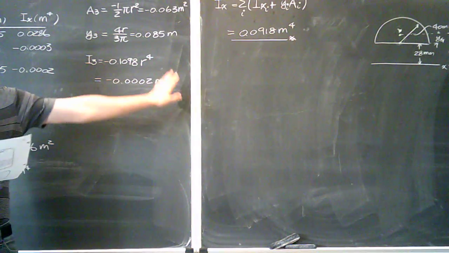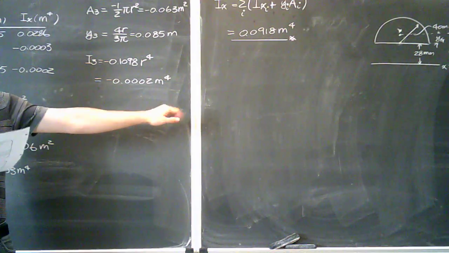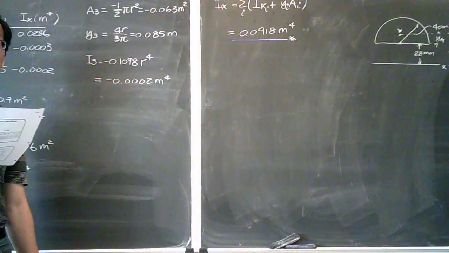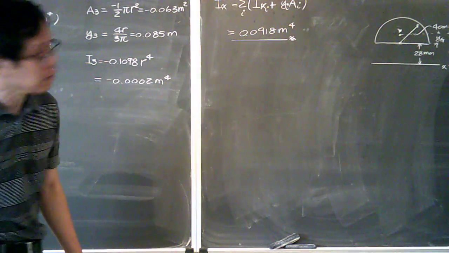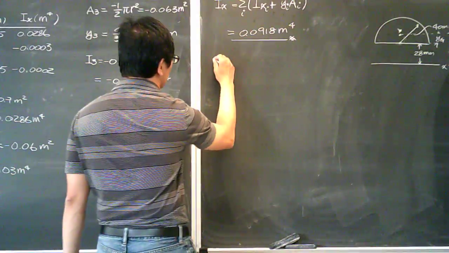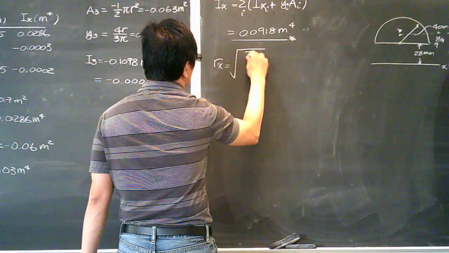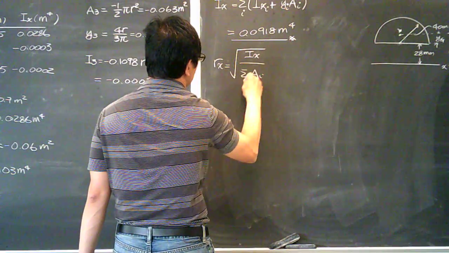Okay, so that is something we have over here, as it's a moment of inertia. If we try to find the radius of gyration, what am I going to do? I'm going to have my r x equals my x. Let's come over here.